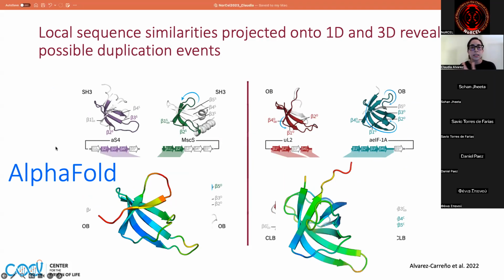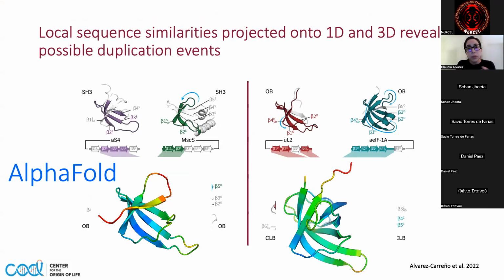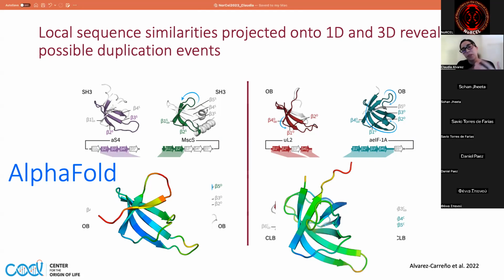AlphaFold is an algorithm that allows you to input a sequence, well, any sequence, a biological sequence or a sequence that you design. And what the algorithm will do is, based on a training, predict what 3-dimensional structure it would make in nature.